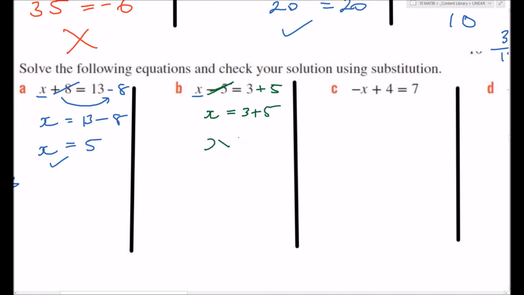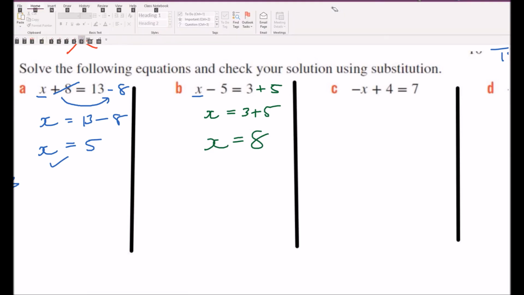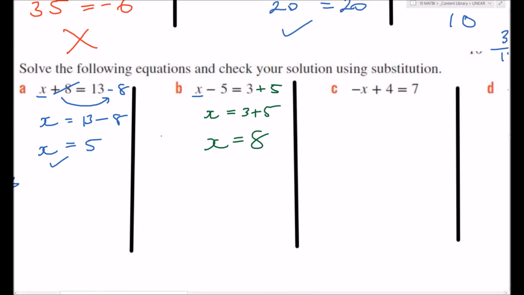And you can solve that, you know that x equals 8. Substitute that back into your formula right there. Let me just rub this out because it is in the way. But substituting that back into the formula, change x to 8. 8 take away 5. Does that equal 3? Yes, indeed it does. Okay, 8 minus 5 equals 3.